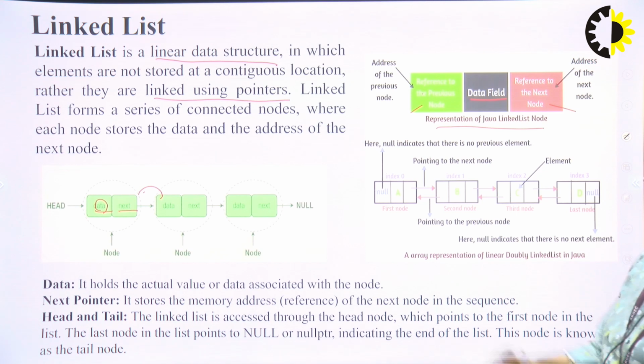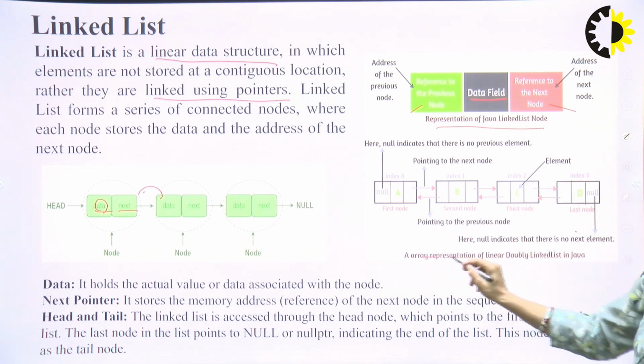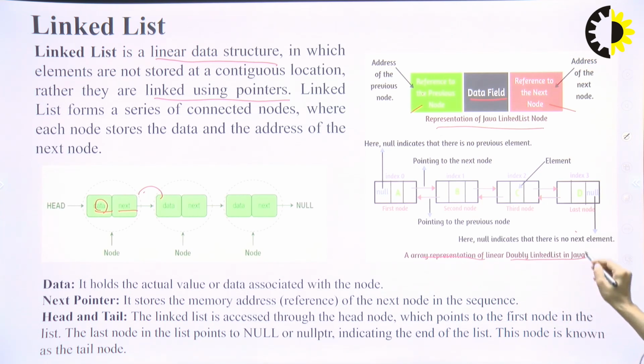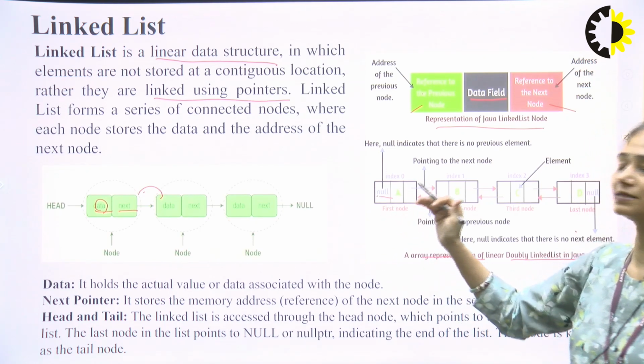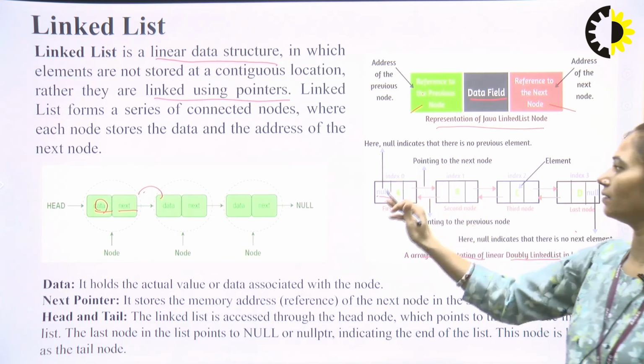So in the representation of a linear doubly linked list in Java, the starting first node has previous as null. Null means there is no address for the previous one.